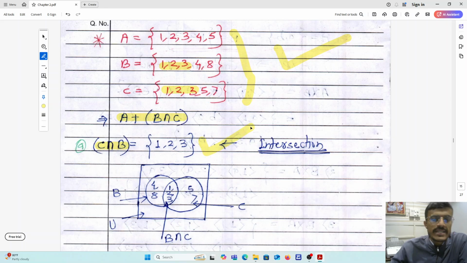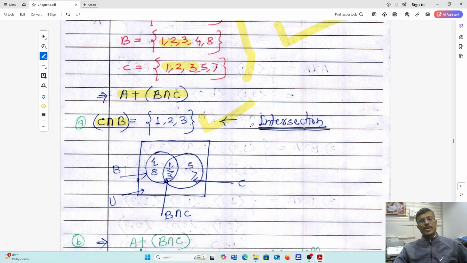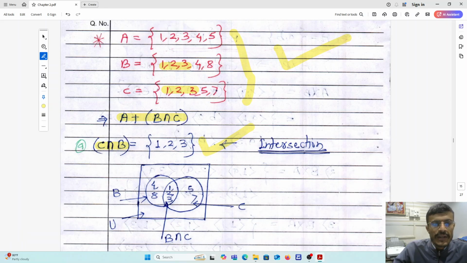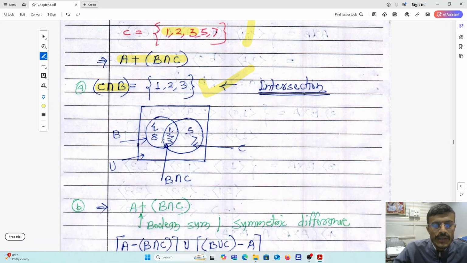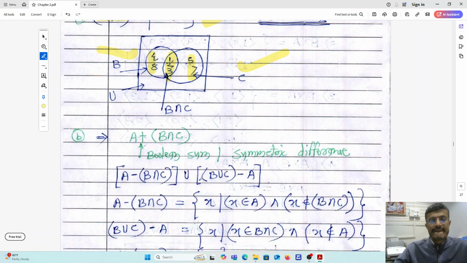So B intersection C is equal to {1, 2, 3}. 5, 7 is exclusive to C and 4, 8 is exclusive to B. 1, 2, 3, 4, 8 is the B set, 1, 2, 3, 5, 7 is the C set, and 1, 2, 3 is nothing but the intersection of B and C.